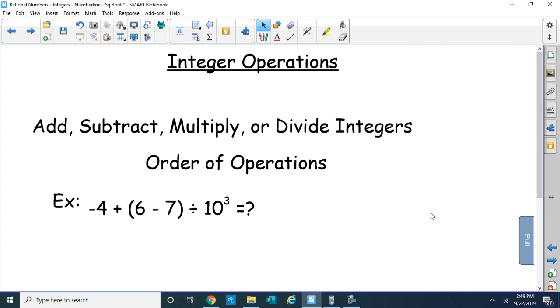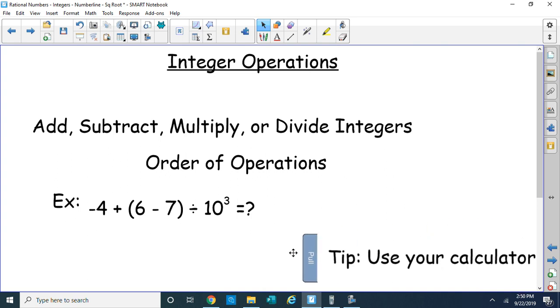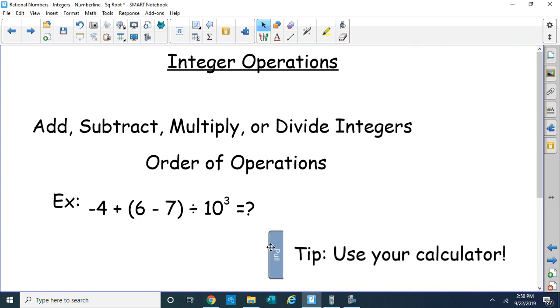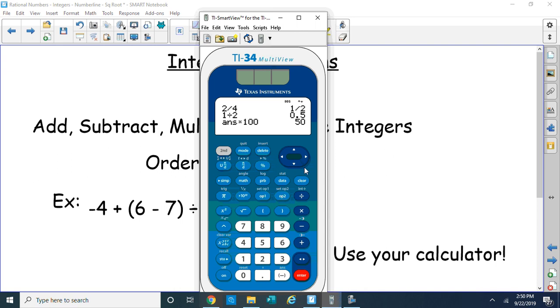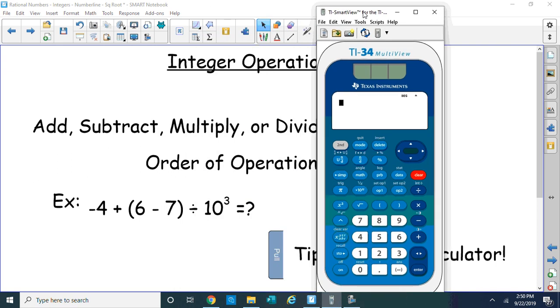Well, I'm going to use my favorite tip: use your calculator. If you type in exactly what you have here, hopefully you have a nice calculator like the TI-30X II solar powered calculator. That's a good calculator to use, and it helps you get the answer because it knows orders of operation.